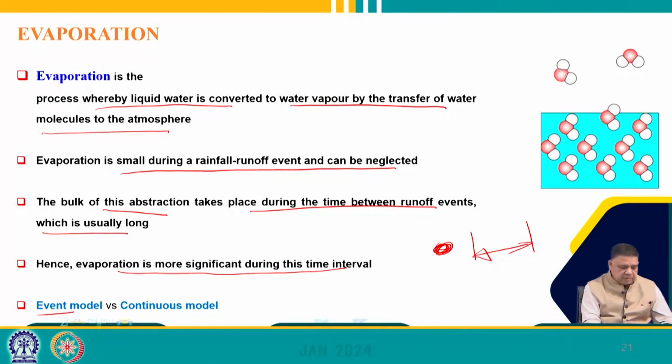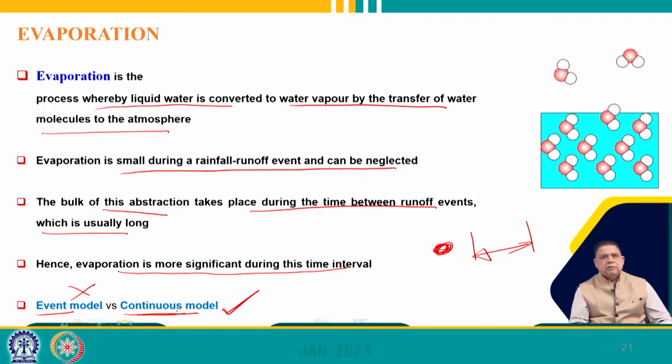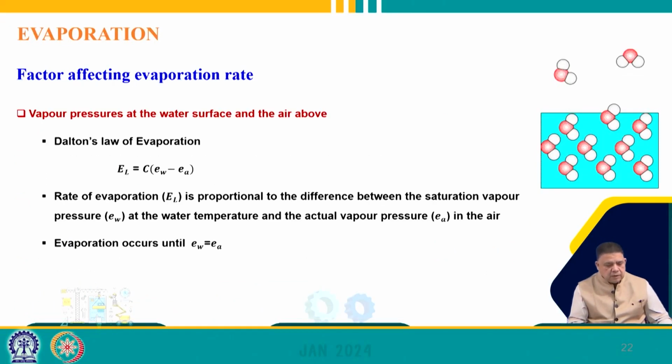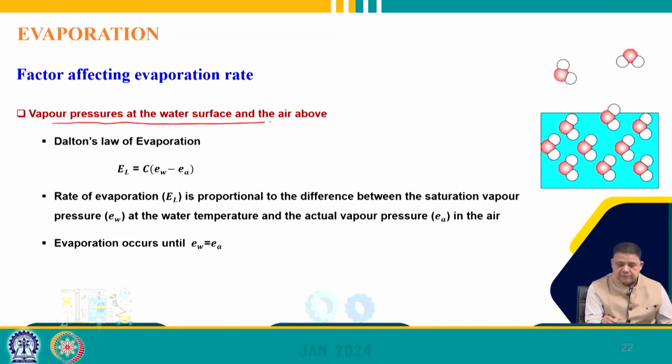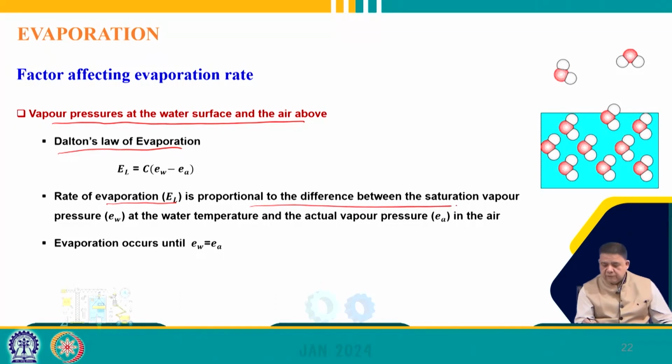So, that is why we may have an event model and a continuous model. If you consider an event model, we may neglect evaporation, but evaporation is very important for a continuous kind of hydrological model. Coming to factors affecting evaporation rate, of course, the vapor pressure at the water surface and the air above the water surface is the most significant factor, and basically it follows Dalton's law of evaporation, where E_L is C times (E_W minus E_A), that is, the rate of evaporation is proportional to the difference between the saturation vapor pressure E_W at the water temperature and the actual vapor pressure in the air.